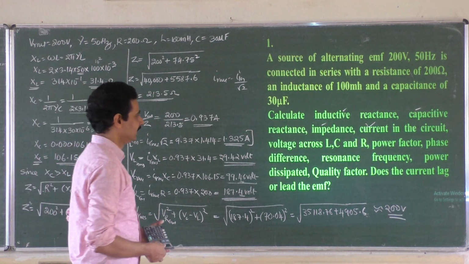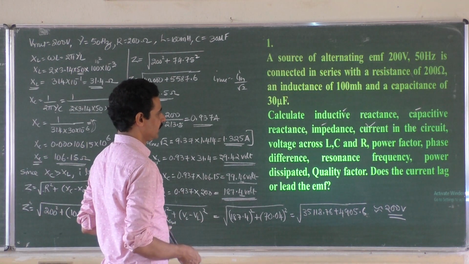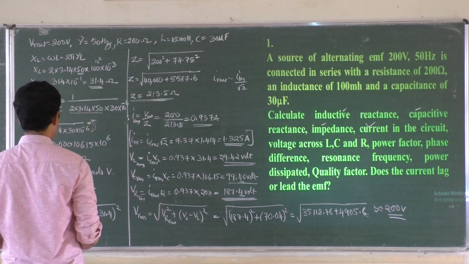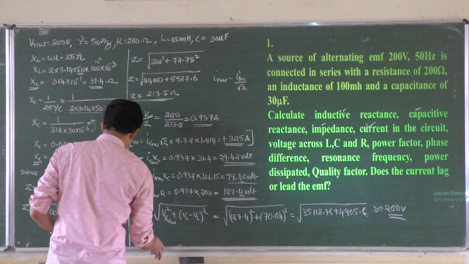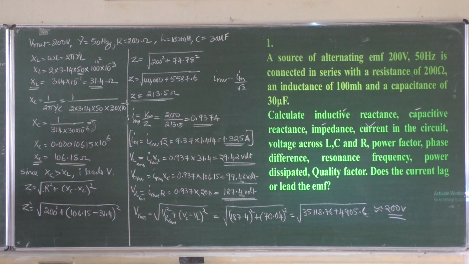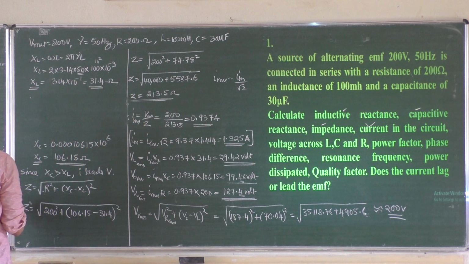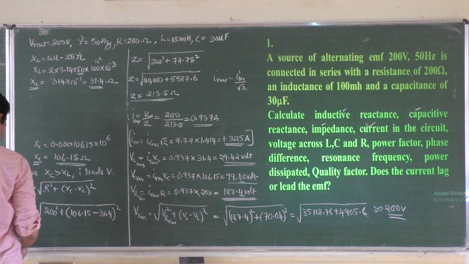Problem is very long. Voltage across L and C is over. Power factor, phase difference. Shall I rub this? Because that board is not enough. Power factor and phase difference, I think you can do that together. But we need XC, XL and all. XC is needed. XL is over here.